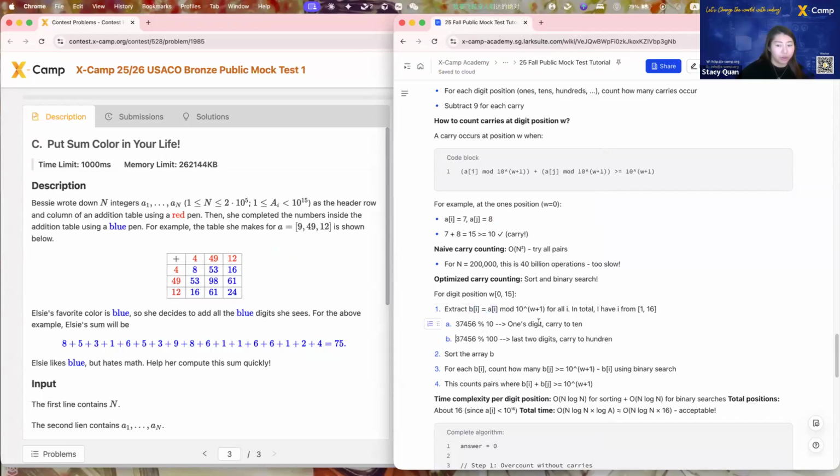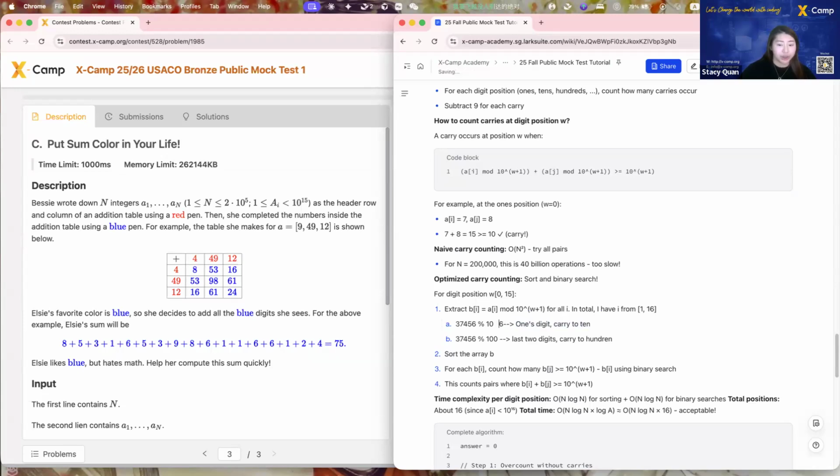What do I mean here? For each digit position, I want to keep the last one digit, last two digits, last three digits, last four digits. Let's say my number is 37,456. To look at the ones digit, which can incur a carry to the tens, I would take mod 10, which gives me 6.